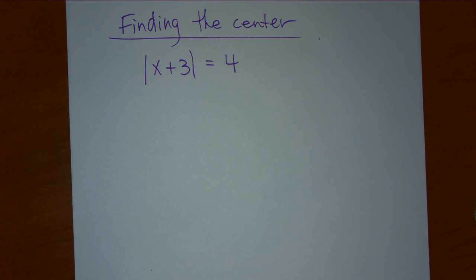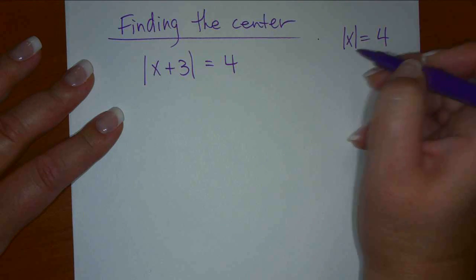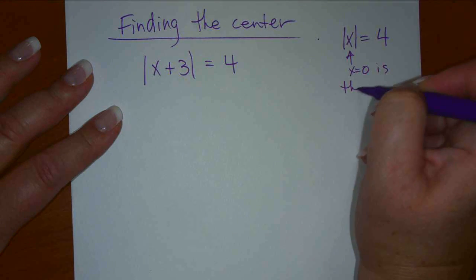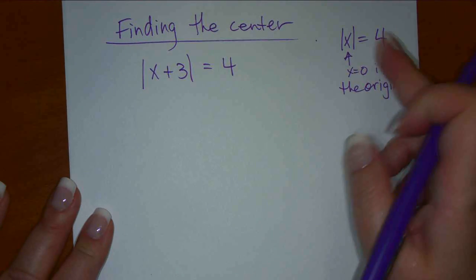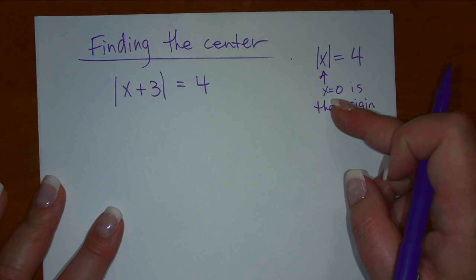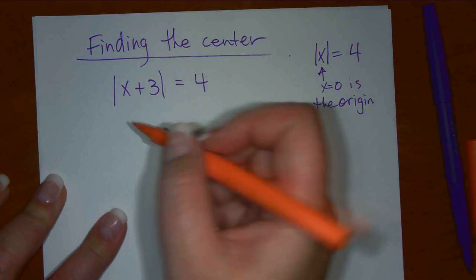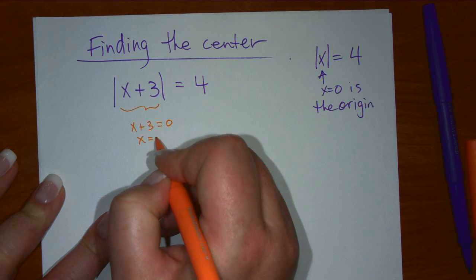So when we had this, x equals 0 is what we're talking about, the distance from 0. Okay, for these, if there's something else in there, you say x plus 3 equals 0 gives me x is negative 3 is the center.